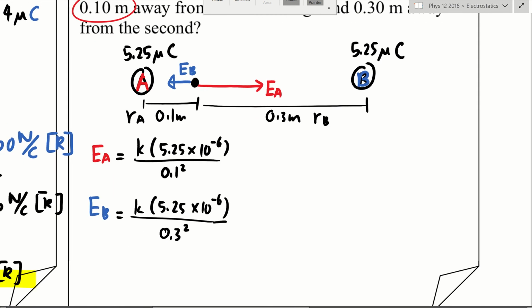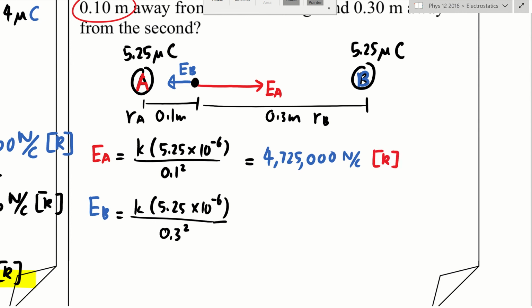And now get both of them. Which one goes left and which one goes right, you just need to write down. This is 4,725,000, that's 4.7 million newtons per coulomb. This is A, which goes to the right.